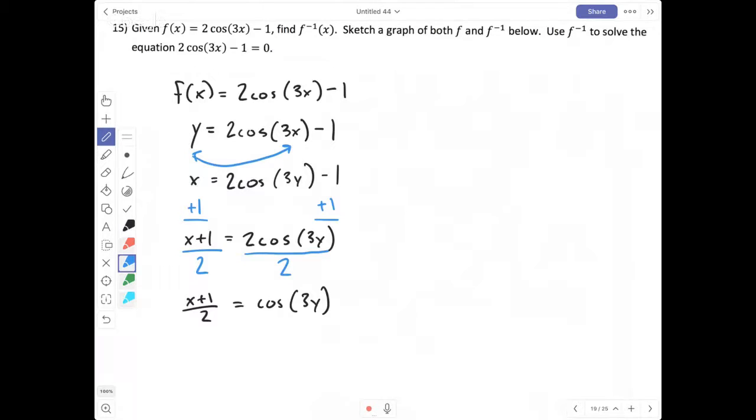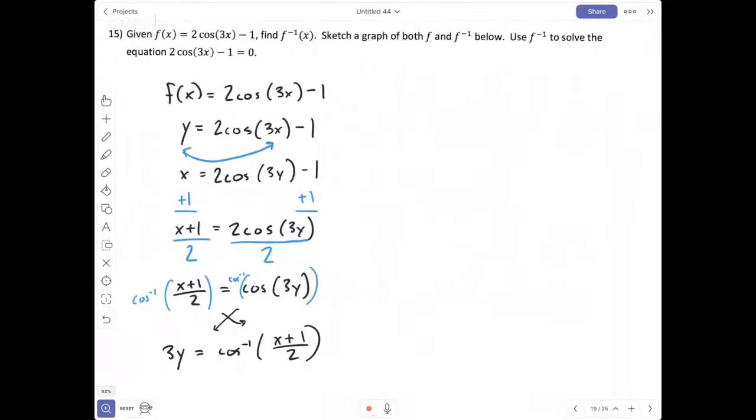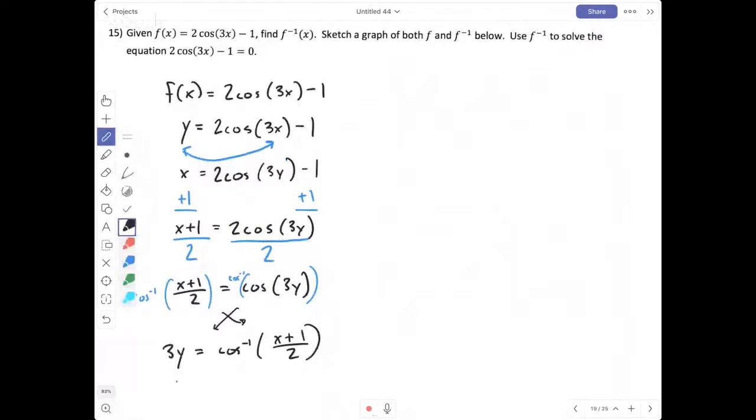So I've now got inverse cosine over here and inverse cosine over here. So now I've got, switching sides, 3y equal to the inverse cosine of (x plus 1) over 2. And I was so close, dividing by 3.